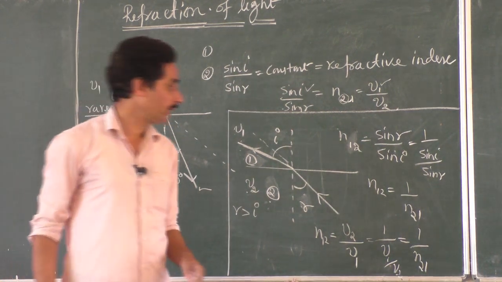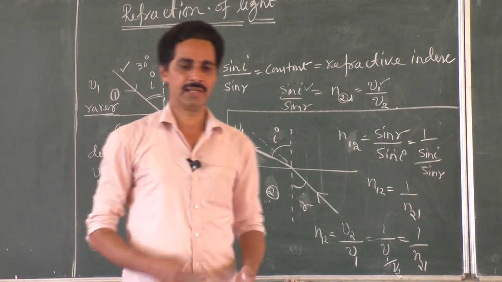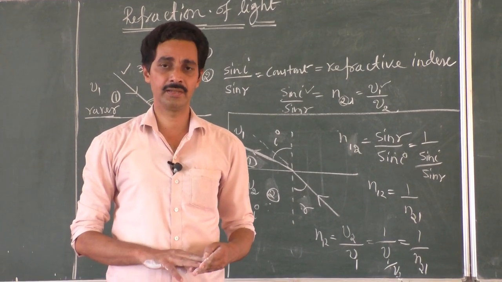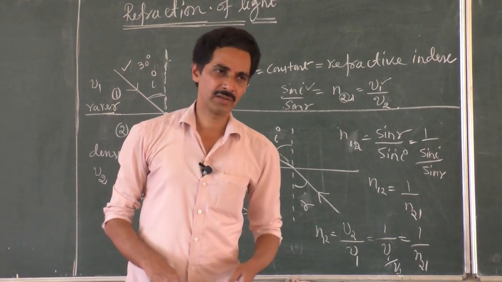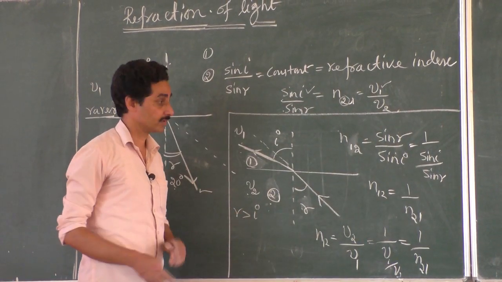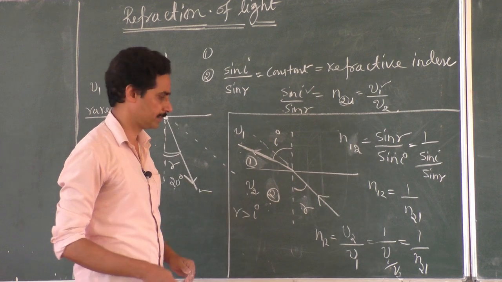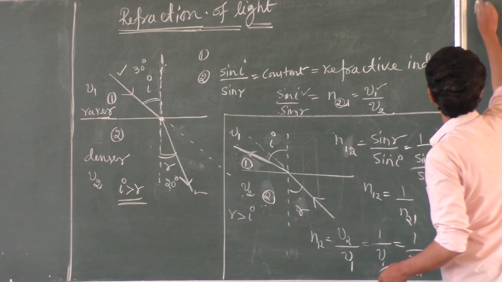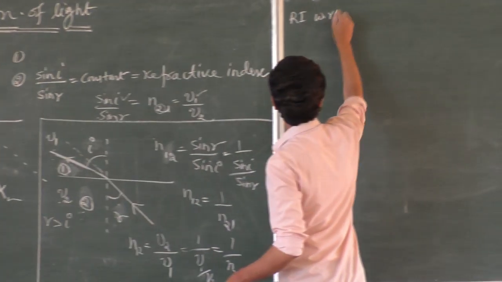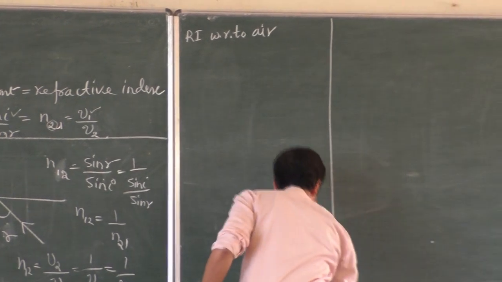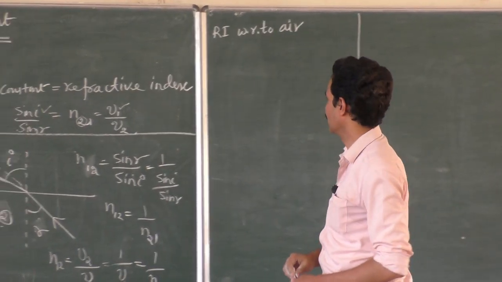Now another common thing about refractive index: in usual notation we say the refractive index with respect to air, because always changing the first medium and second medium is a very long process. We will have one medium common, that is the first medium, air. So what do you mean by refractive index with respect to air?